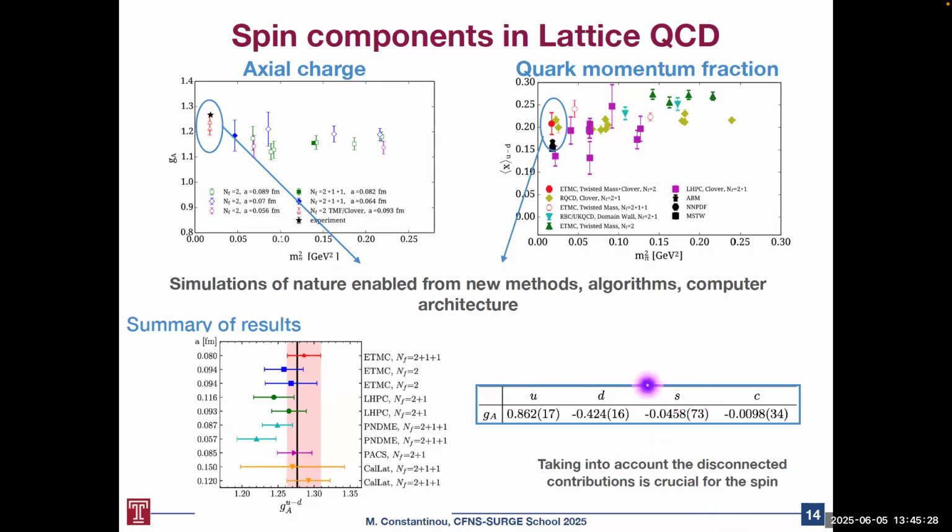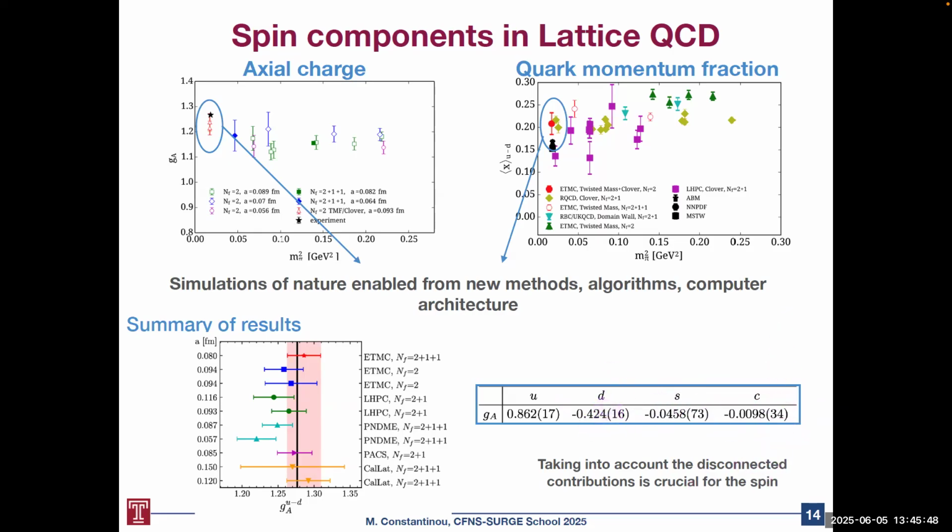But look how the strange quark is an order of magnitude less than the down quark and the up quark, of course. And the contribution from the charm quark is another order of magnitude less than the strange. Look how small these numbers are, and look at these errors.